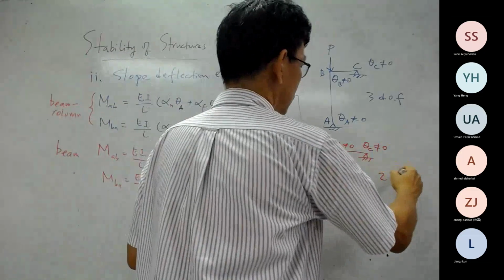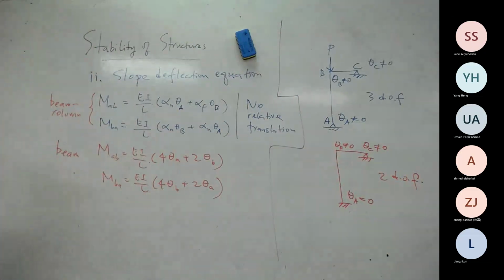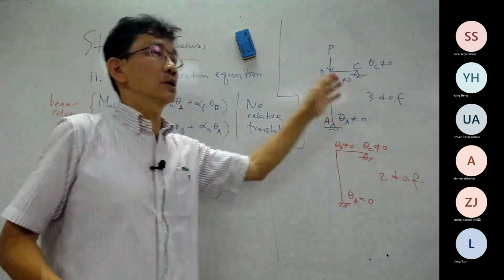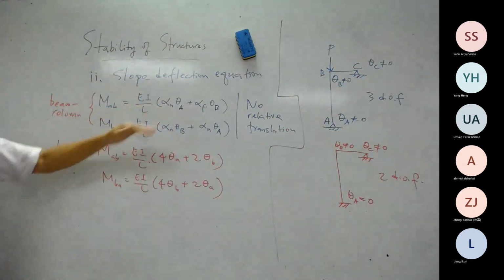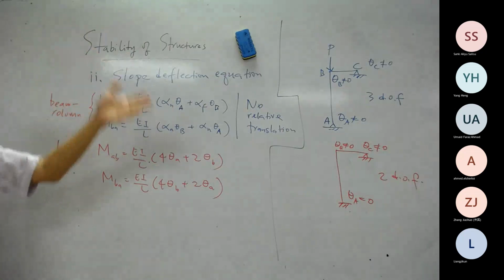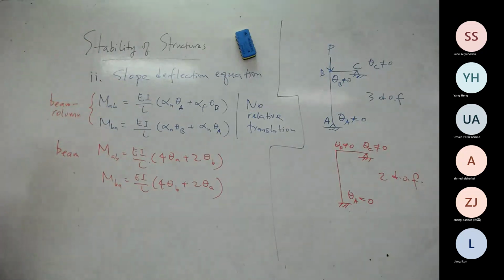So this becomes 2 degrees of freedom. So it's important to know, looking at the problem given to us, what the non-zero thetas are, because they will appear in the equations. That will also decide the final matrix equation that we want to solve and how many equations we have to solve.